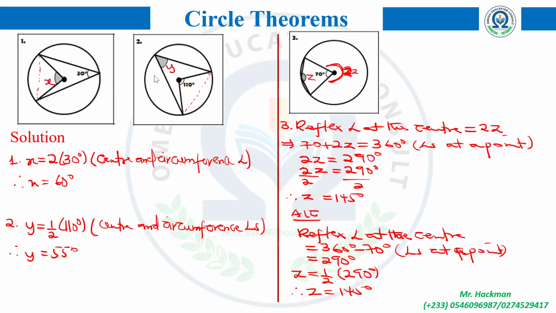So in this case, someone can write, we can put our answer this way: 110 degrees should be equal to 2y. Then later divide 110 degrees by 2 to get your y.